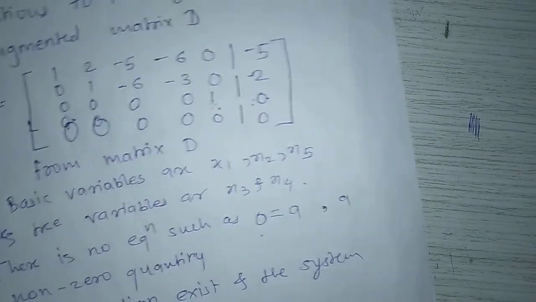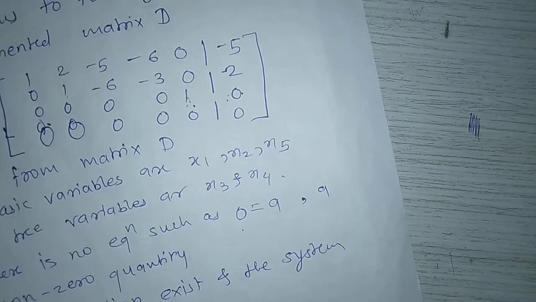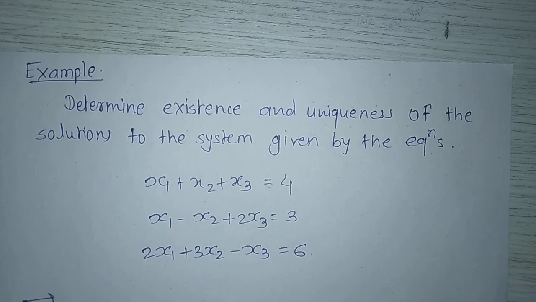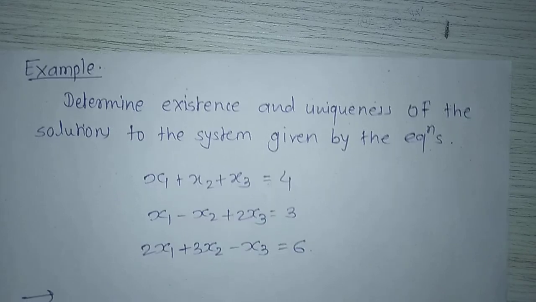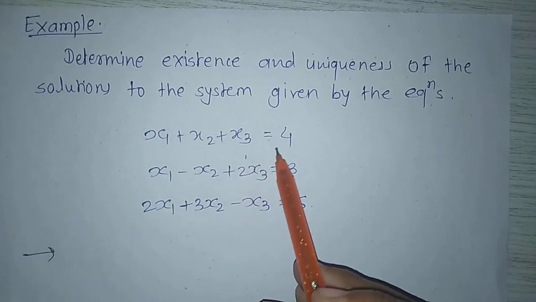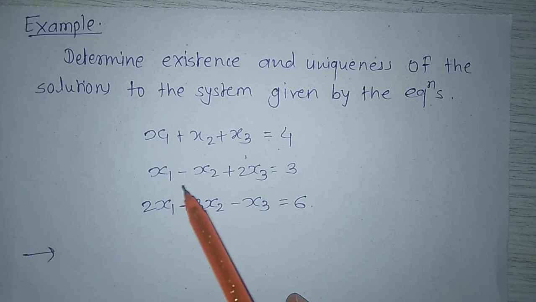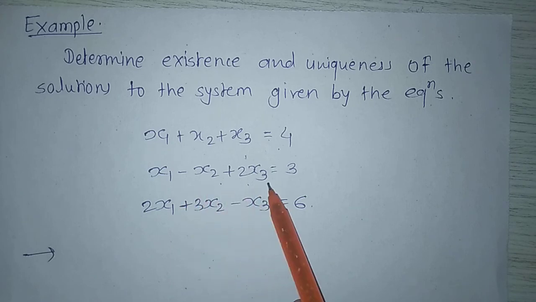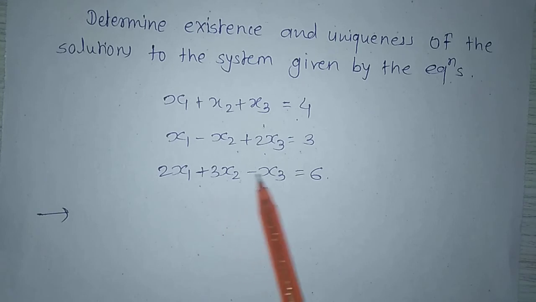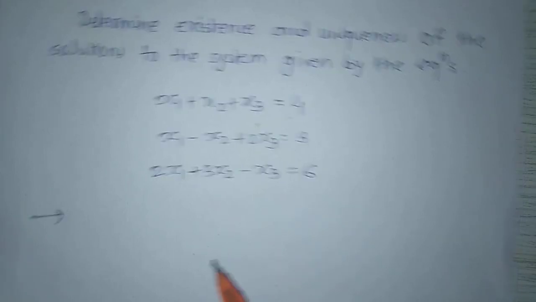Next example: determine existence and uniqueness of the solution to this system given by the equations x1 plus x2 plus x3 equal to 4, x1 minus x2 plus 2x3 equal to 3, and 2x1 plus 3x2 minus x3 equal to 6.